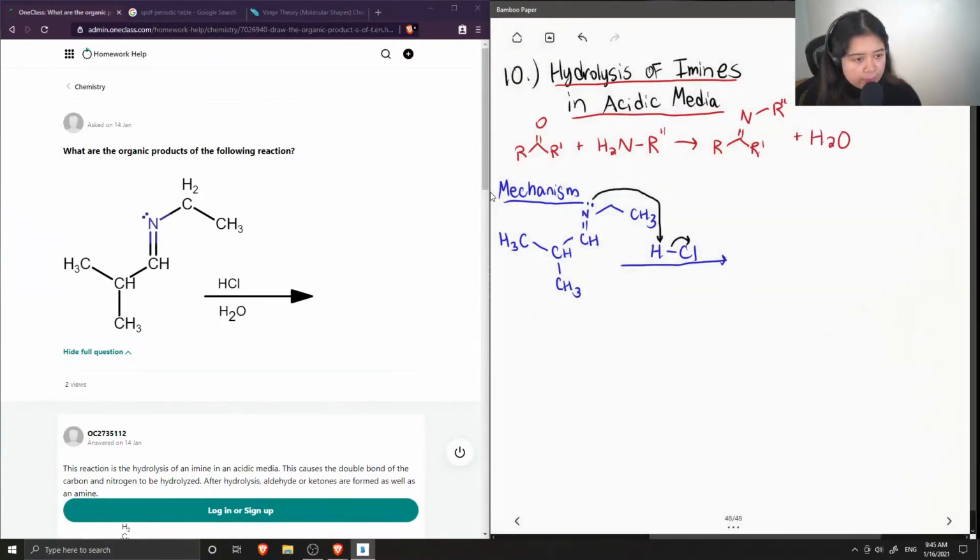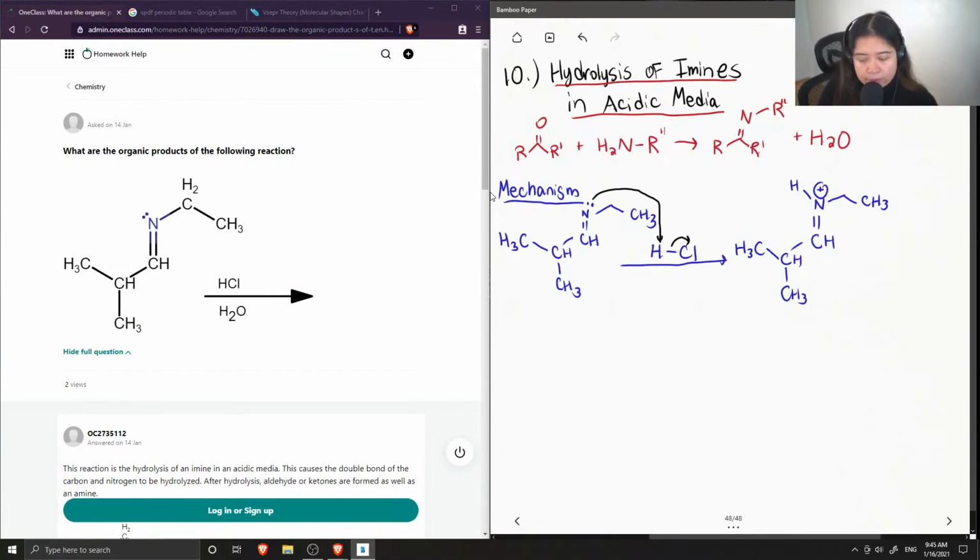And then now we have the following intermediate, where we have a protonated nitrogen that has a positive charge.